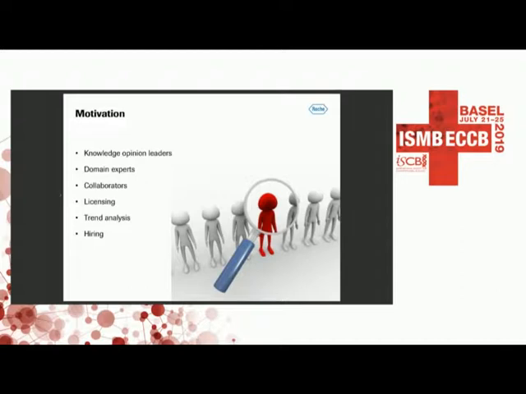We want to create licensing deals and analyze trends and so on. This is very difficult to do. For example, when you try to find who are the authors who have the most papers in a certain area, usually some Chinese author comes at the top that is maybe actually 10 different people.